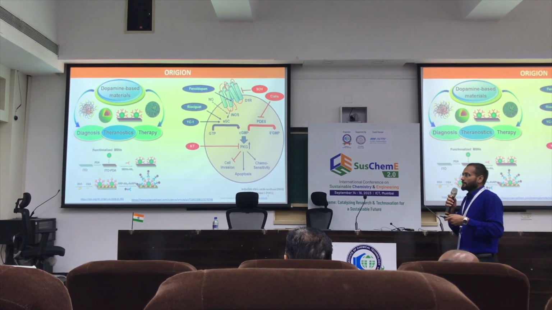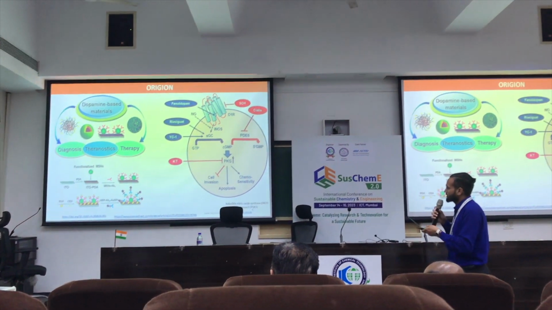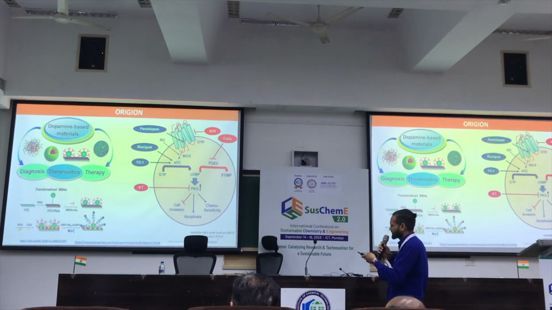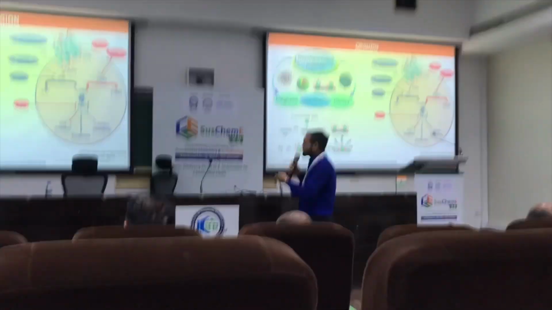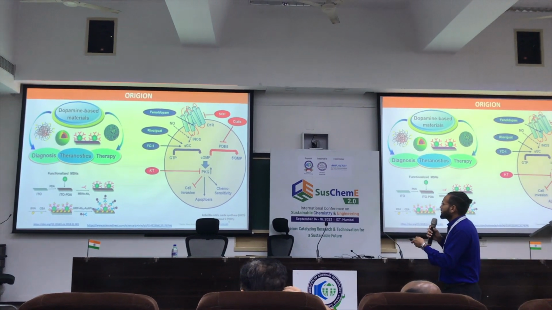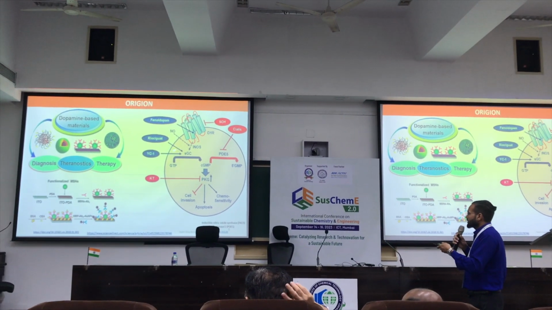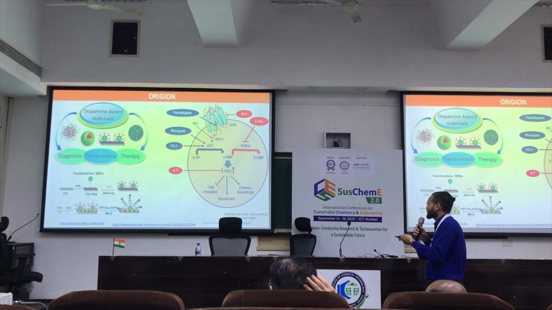Recently, the potential of these dopamine-based materials has been realized for cancer diagnostics and therapeutics. People have used it for cancer antigen diagnosis, and a previous study reported that dopamine-based materials have anti-cancer properties.